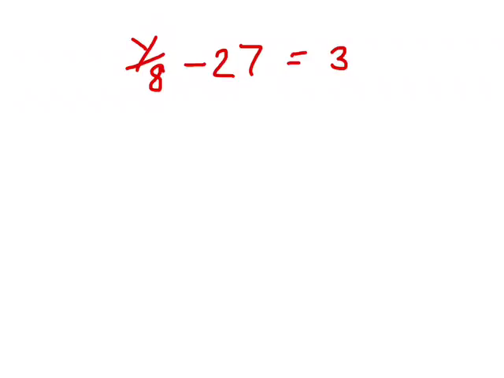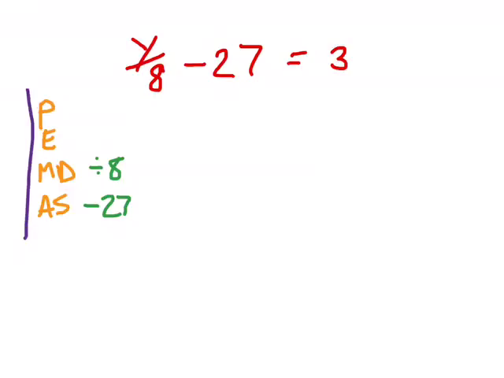And it looks like, if I think about my order of operations, I am dividing it by 8 first, and then subtracting 27. Again, when I go to solve it, this is my plan, I'm going to reverse that order of operations and undo those things.